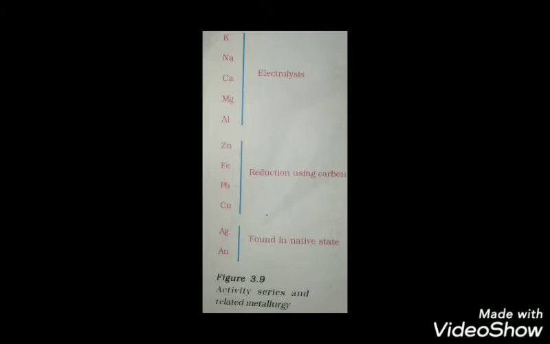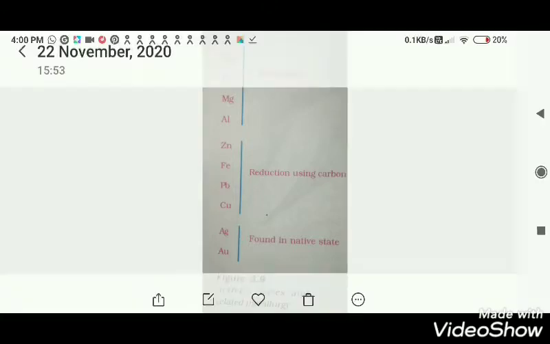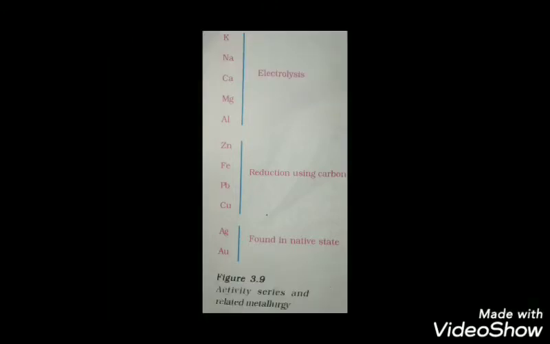You can observe, children, here at the topmost, they are metals of high reactivity. Those in the middle of the series are metals of medium reactivity, and those at the bottom of the reactivity series are metals of low reactivity. In that way, there are 3 categories on the basis of which we can categorize the metals.